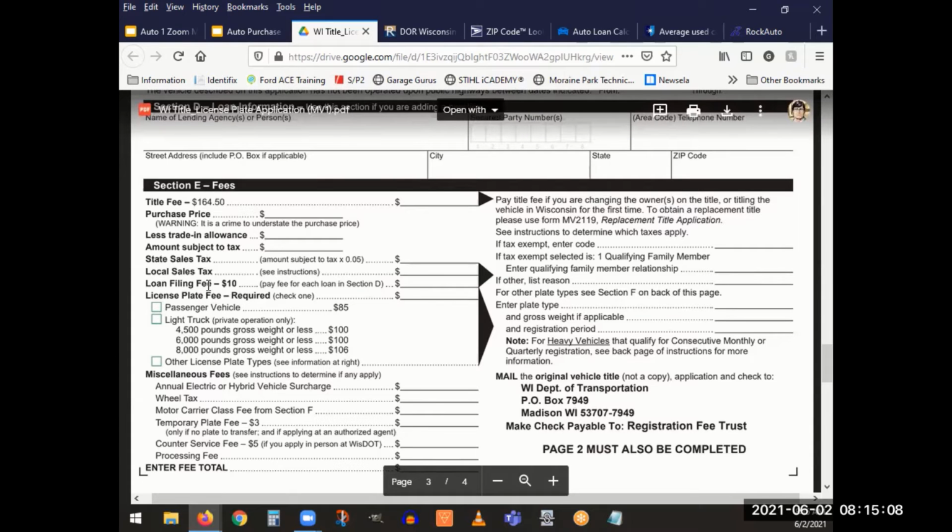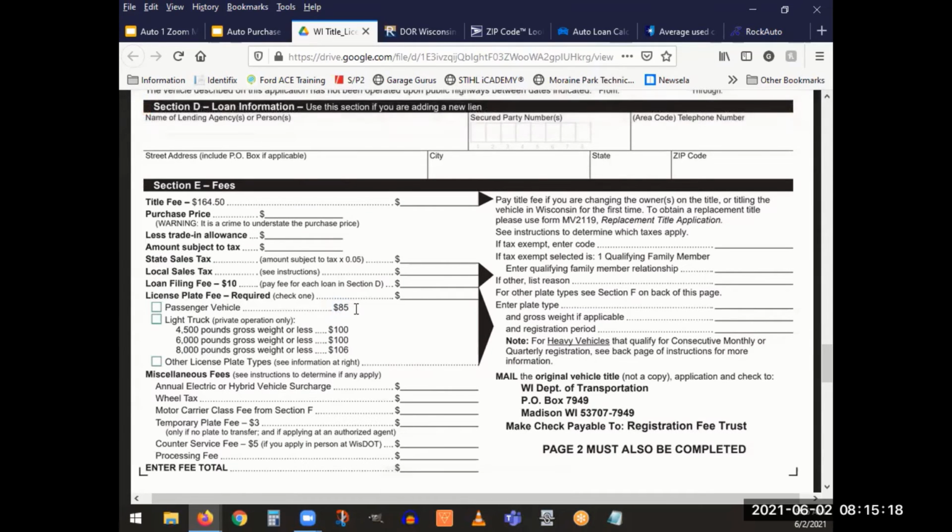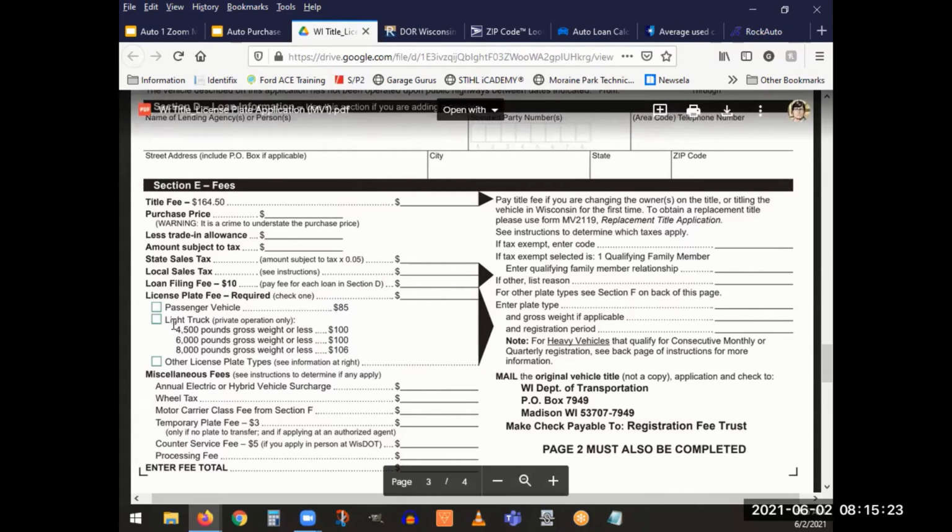License plate fee. So here's a couple options. In a typical passenger vehicle, if you got a car or something similar, it's going to be $85. If you were picking up a truck, now this is where it gets interesting because it depends on your gross weight.